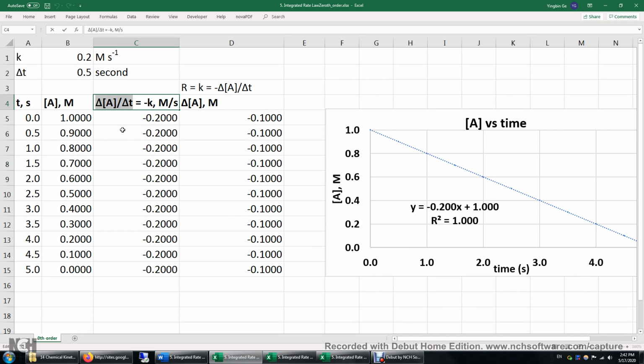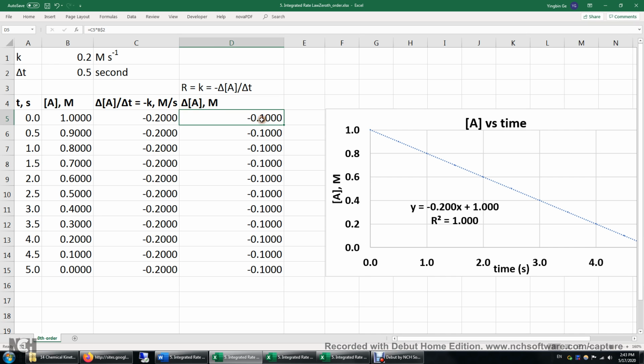And because this is a zeroth order reaction, negative R is negative K. So therefore we have negative K here. The reason we do this is because now we know this delta A over delta T is a constant. It's negative 0.2. And over here, delta A is the change of A during that time period.